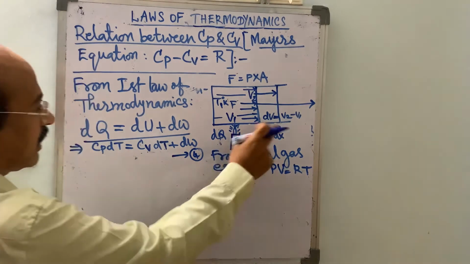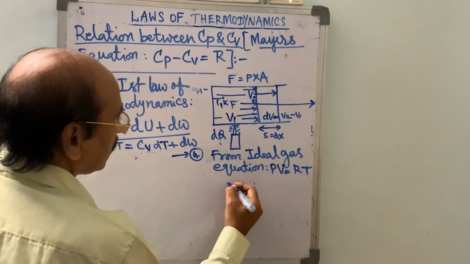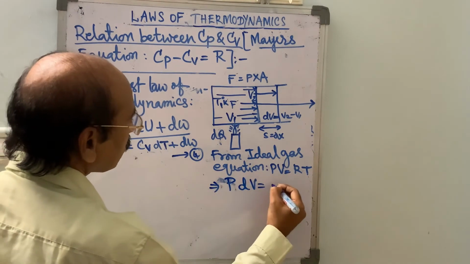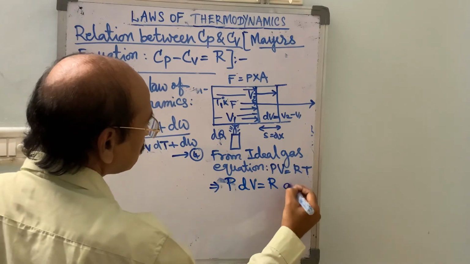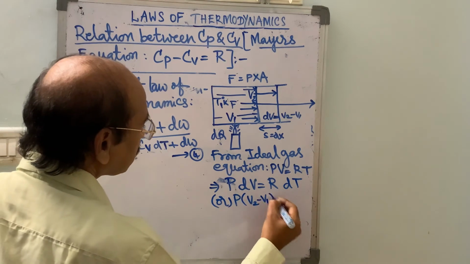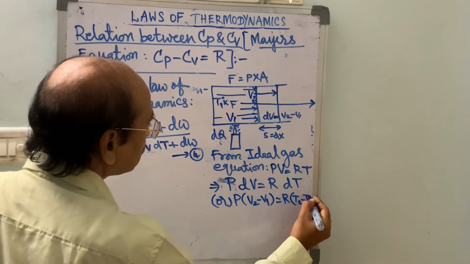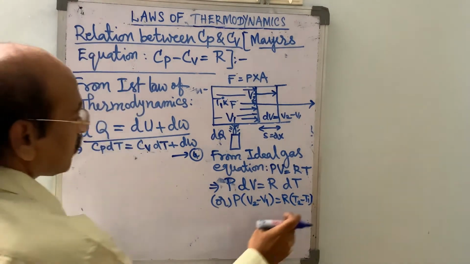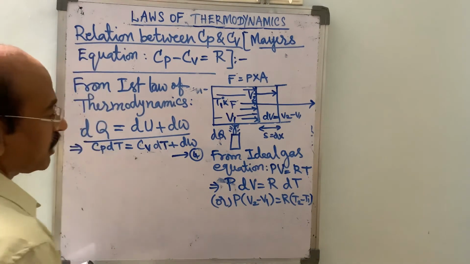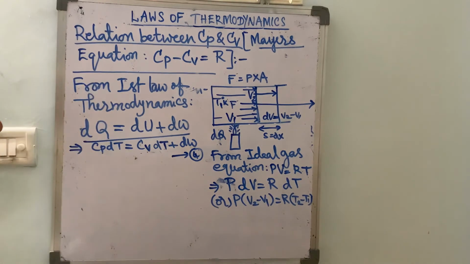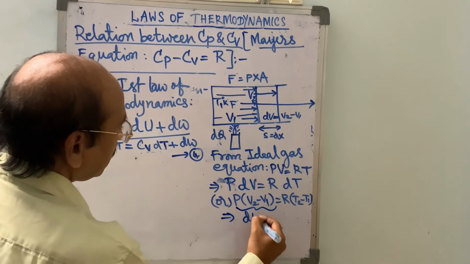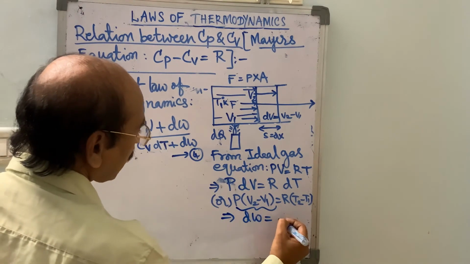Therefore, some work is done during expansion. Therefore, PdV is equal to R dT, or P into V2 minus V1 is equal to R into T2 minus T1. When temperature rises from T1 to T2 at constant pressure, volume increases by V2 minus V1. Therefore, pressure into change in volume, nothing but dW, may be written as R dT.